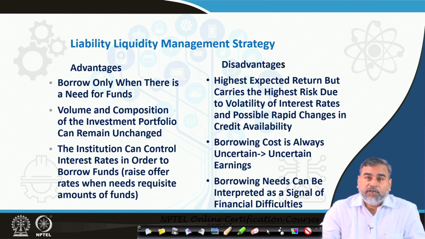If you make a cost-benefit analysis, in that emergency time when you want to borrow money from the system, the cost you incur may exceed the returns we are going to generate. So, that is another reason we have to consider whenever we go for liability management.